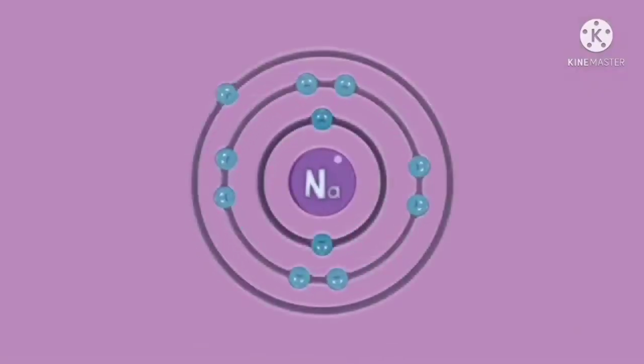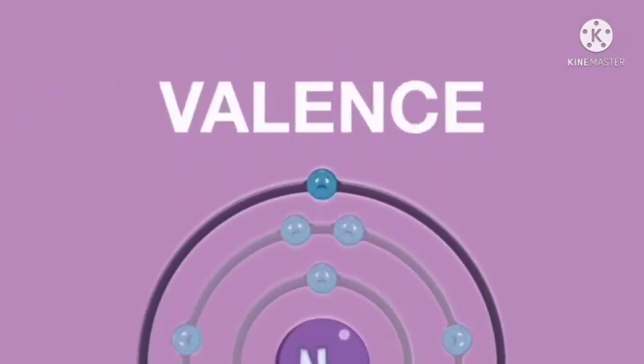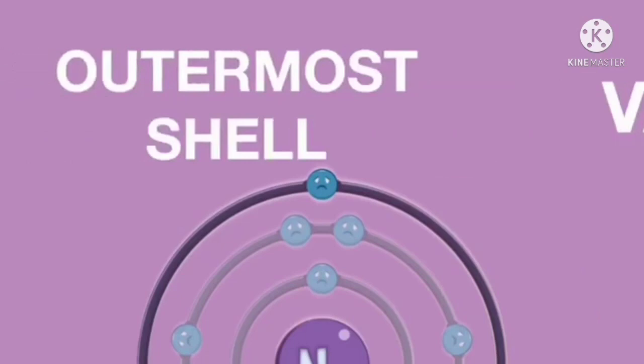Now take the example of sodium, my dear children, Na. In its outermost shell there is one valency electron. Whenever sodium loses this outermost shell electron, it becomes stabilized.